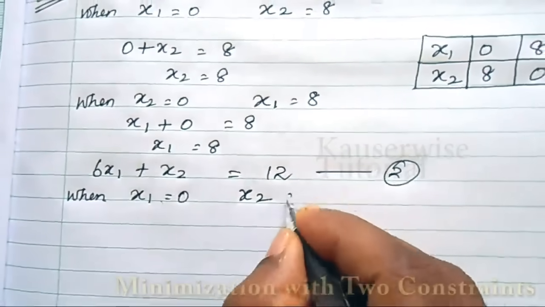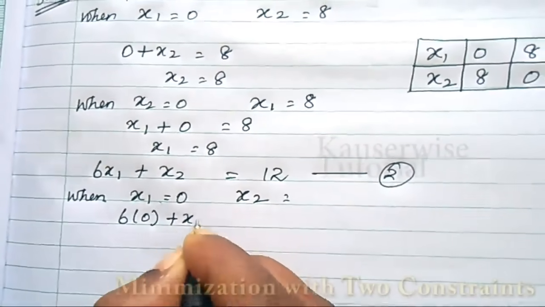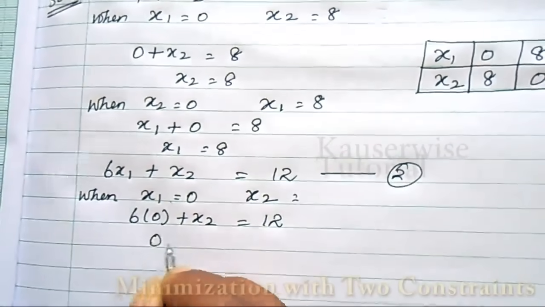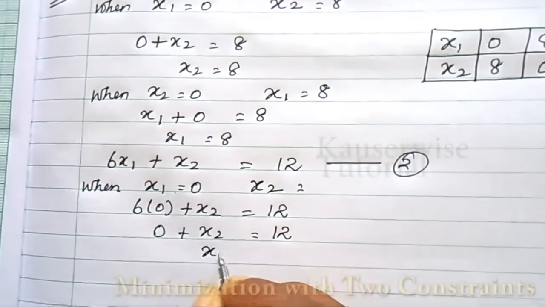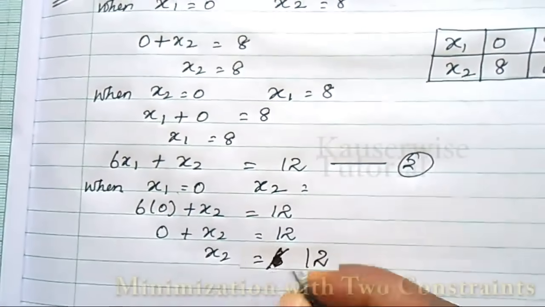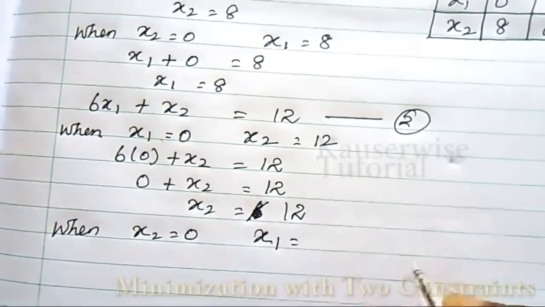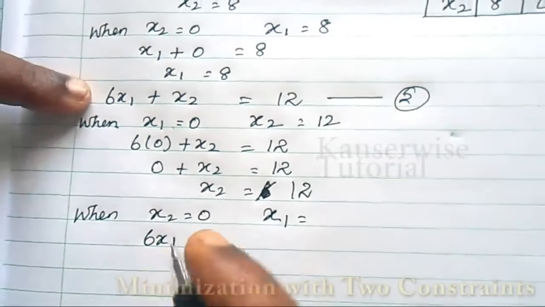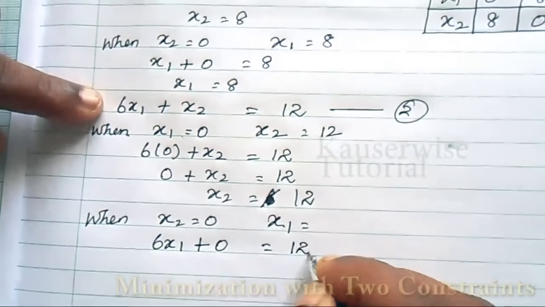Substitute: 6 into 0 is 0, plus x2 is equal to 12. So, x2 is equal to 12. Now, when x2 is equal to 0, what is the value for x1? Substitute this value in the equation: 6x1 + 0 = 12.